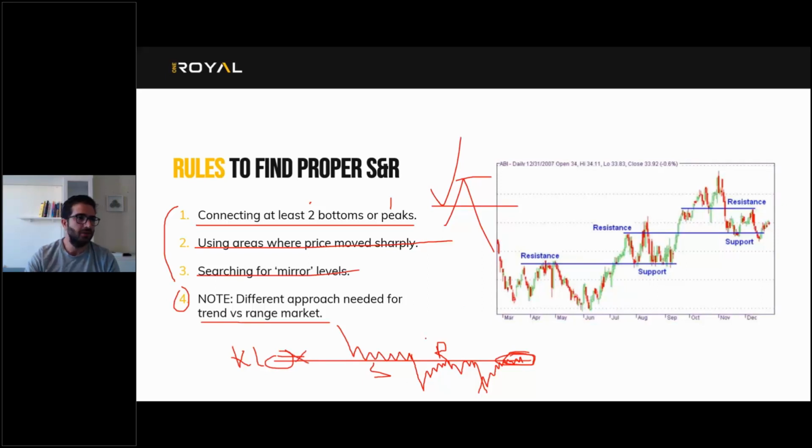Let's go to the MT4 to show you what I'm talking about, how to plot the support and resistance based on these 3 rules.